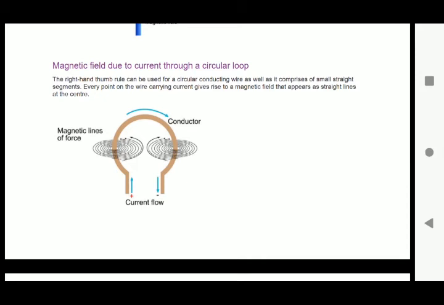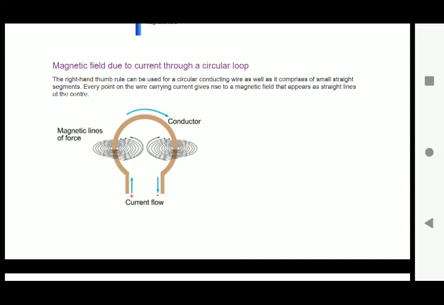That is, it is directly proportional to the current passing through the circular loop, which means if more current passes through the circular loop, then the intensity of magnetic field will be more. If less current passes, then intensity will be less.